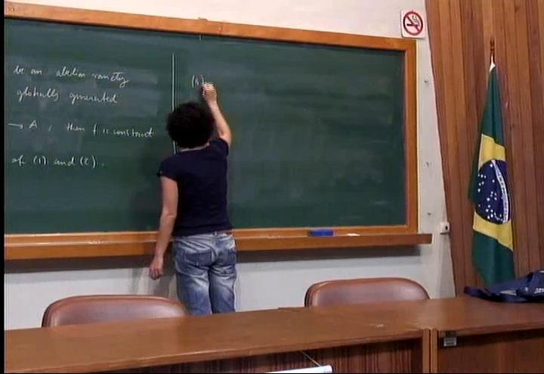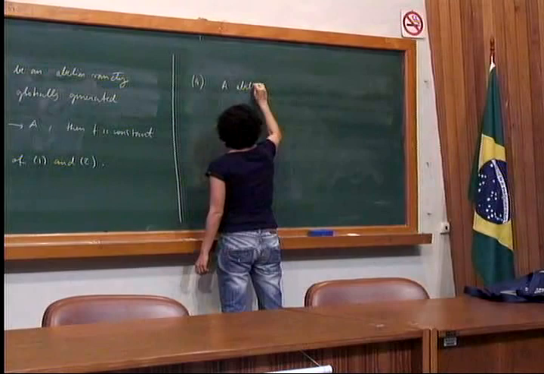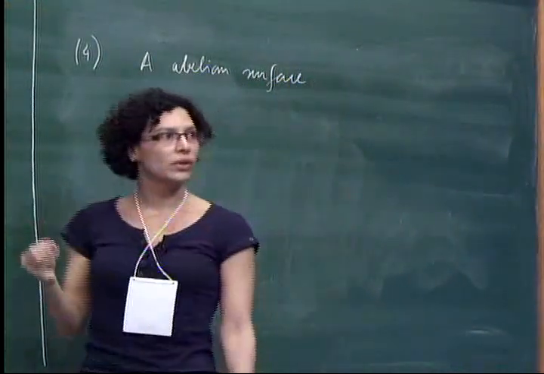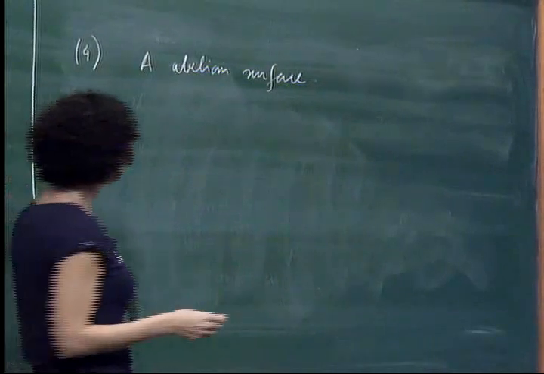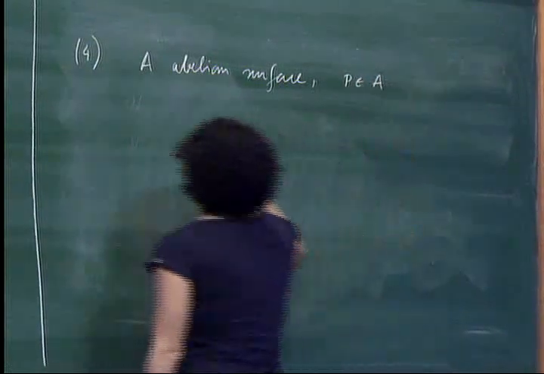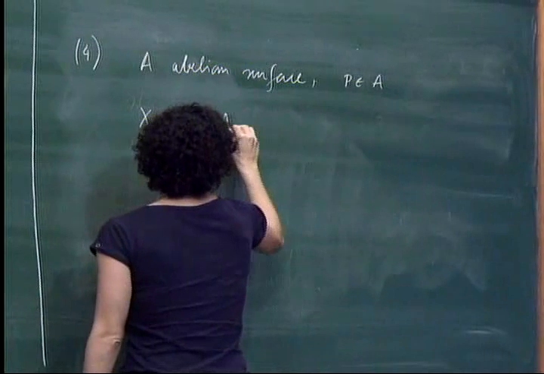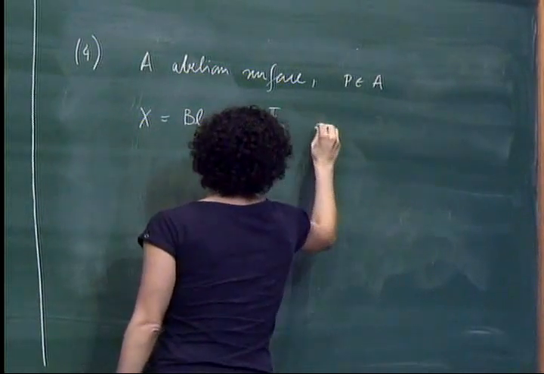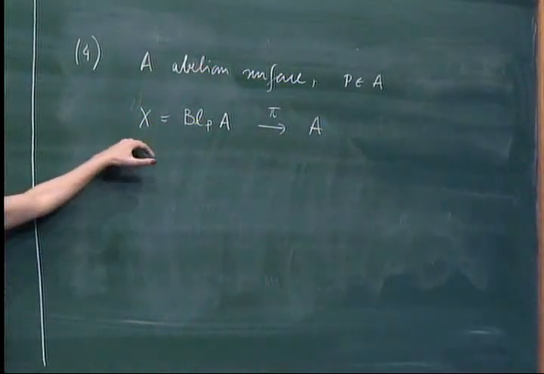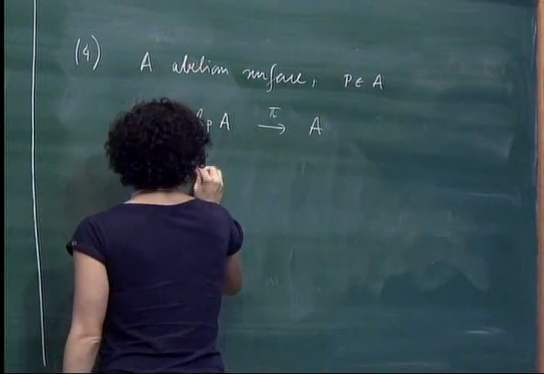So let me give a fourth example. So we start with A, say an abelian surface. So we already know that it contains no rational curve. And then we choose a point in A, and we consider the blow-up of A at B. So now this variety contains a rational curve, which is the exceptional divisor for this blow-up.